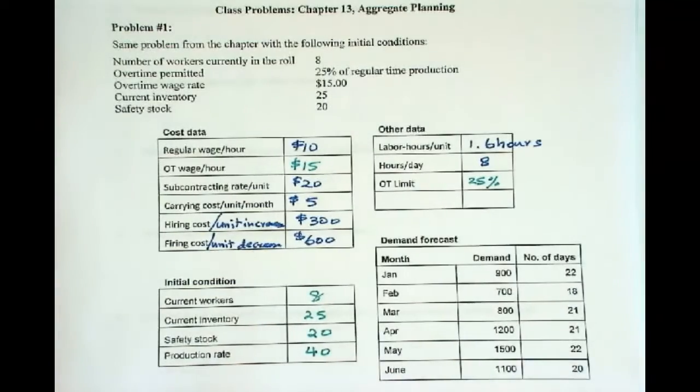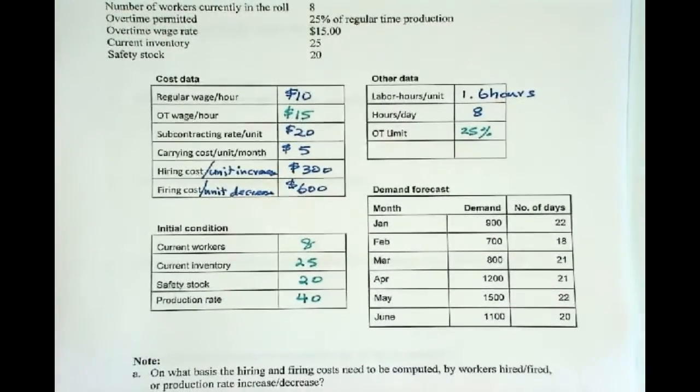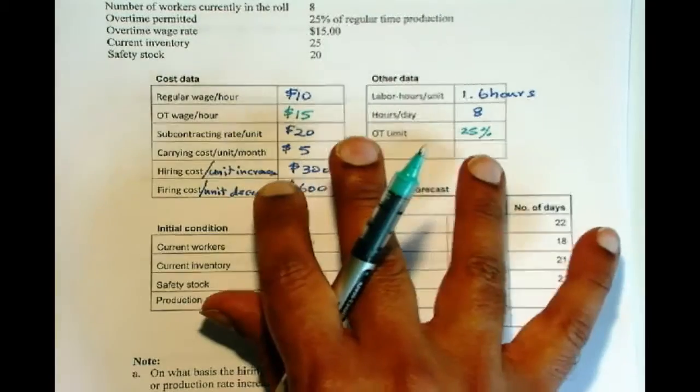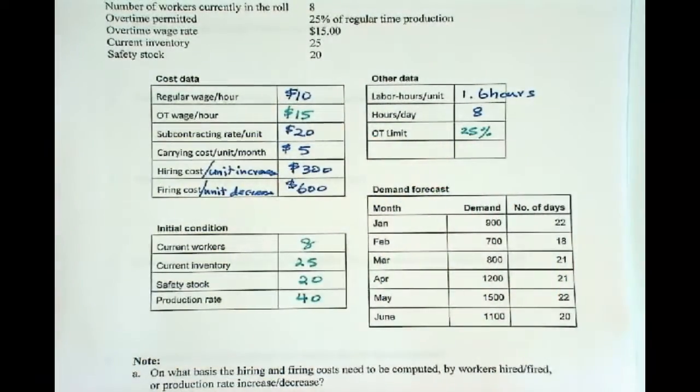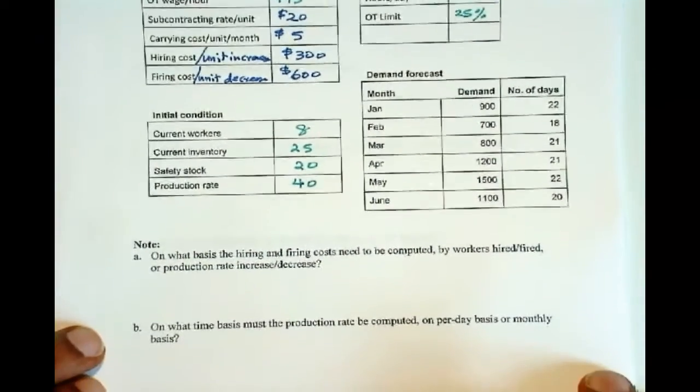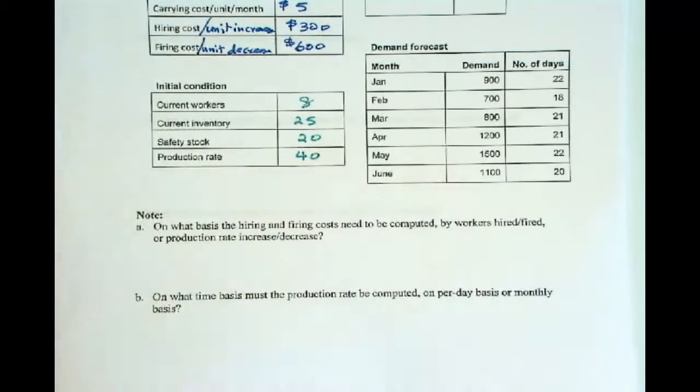So now, same problem as in the textbook, but with some modifications. Here one of the things that you need to note, and this is very important because this will determine how we have to compute our hiring and firing costs and how we have to compute the production rates.